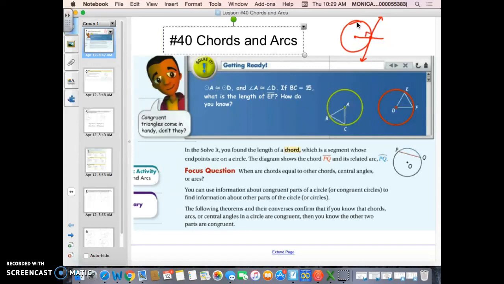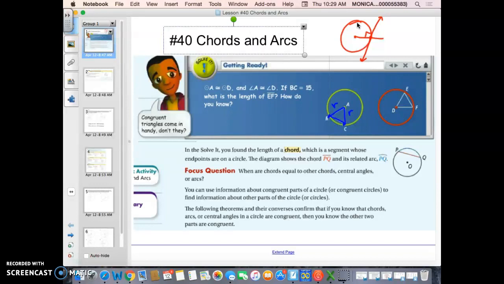Okay. Today we're going to talk about chords and arcs. A little different than a tangent is a chord. A chord is a segment whose endpoints are on the circle. In this example, this right here is the radius, and this right here is what we call a chord, because both endpoints are on the circle.